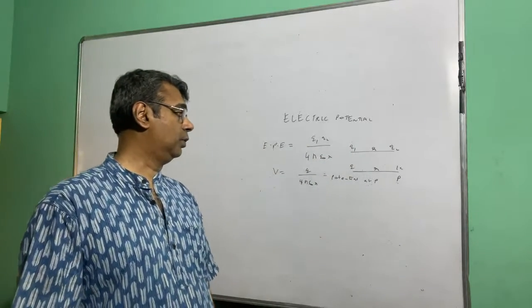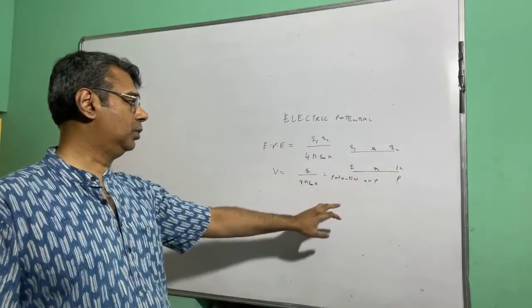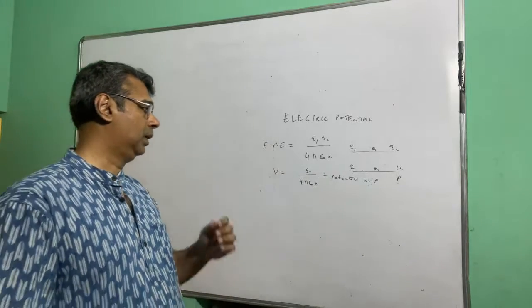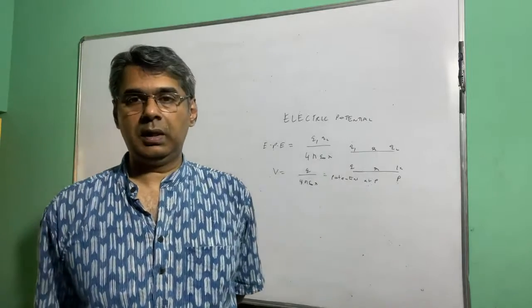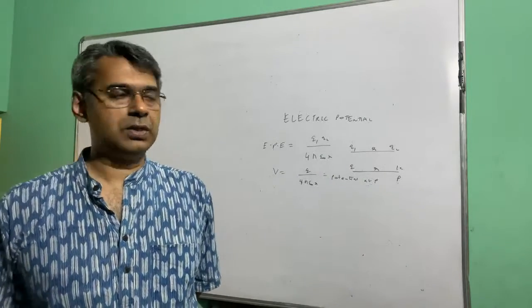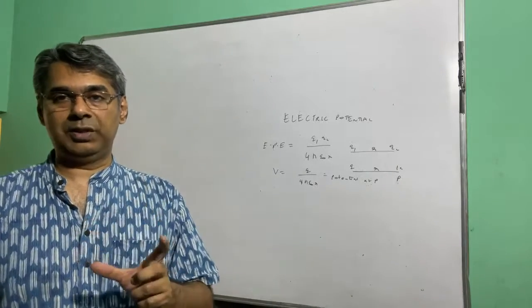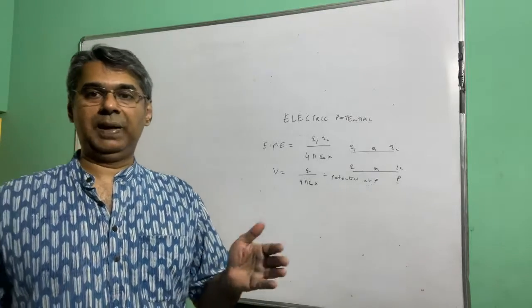Now suppose you replace this Q2 with 1 coulomb and Q1 is Q, then that becomes the potential at the point P, right? So what is the definition of potential? It is the work done in bringing a unit positive charge from infinity to that point. When you say potential energy, the definition is for a pair of charges.